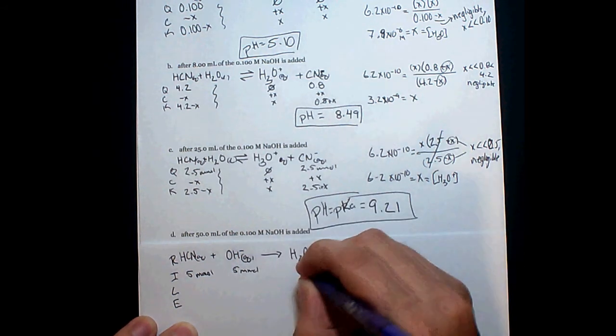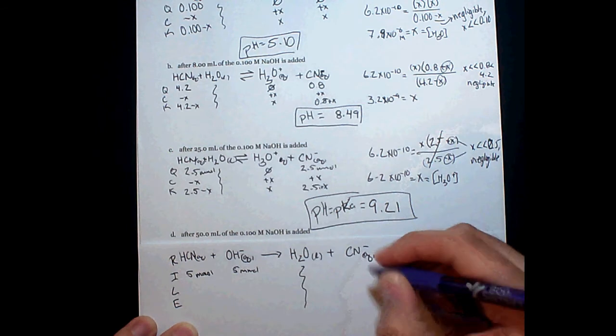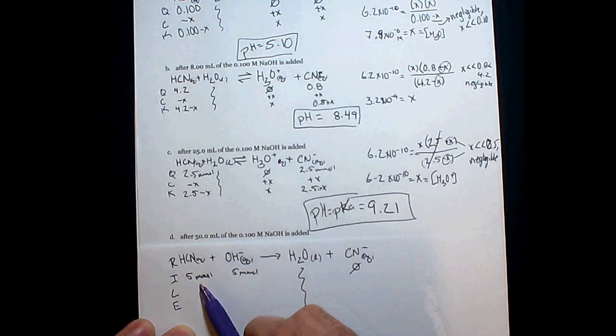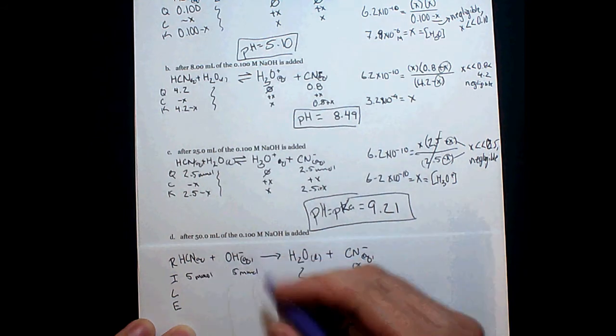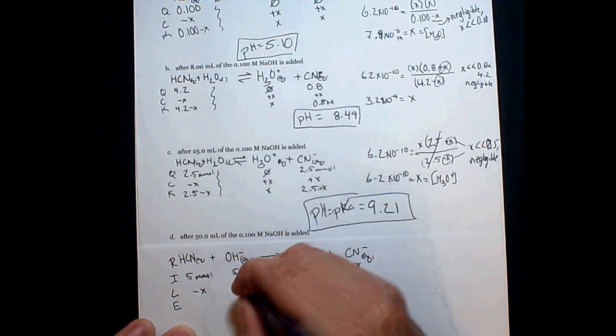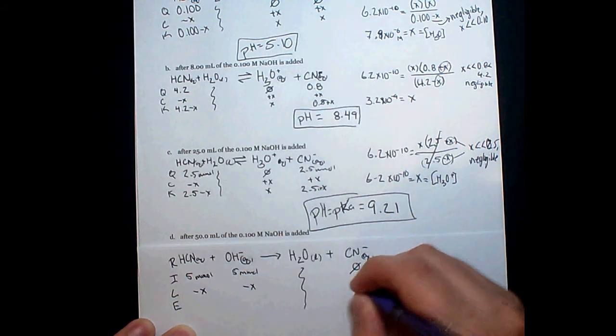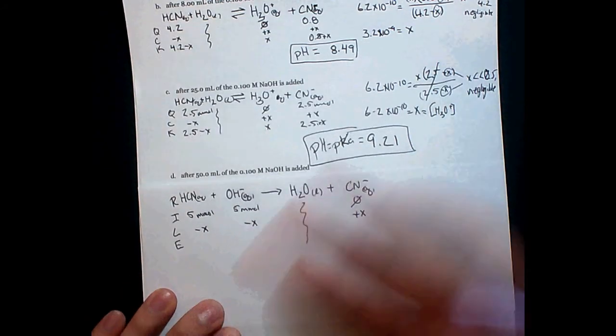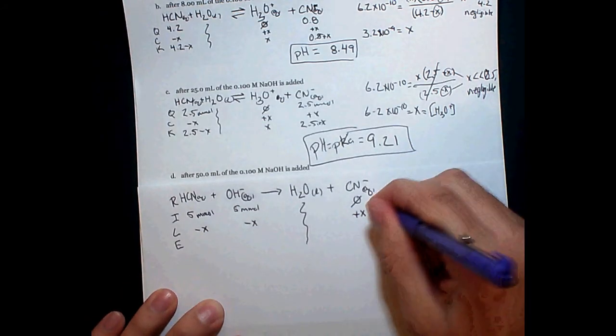This is 0, or we can just not care about it because it's the liquid. And then we have 0 of this. So this is 5 and this is 5, and it's a 1-to-1 mole ratio. So for this we no longer really have an excess or a limiting. They're just both limiting because they're in perfect proportions. X is going to be 5 millimoles for this reaction.